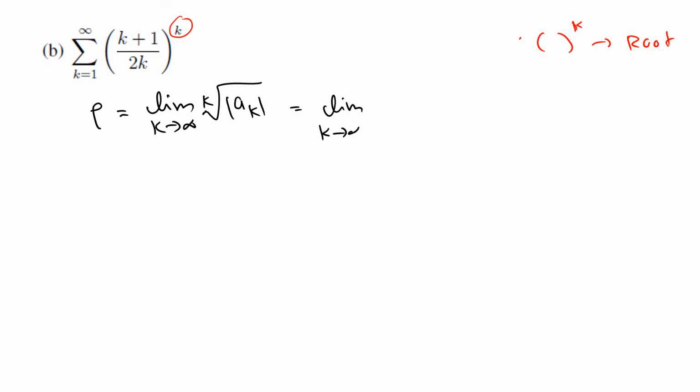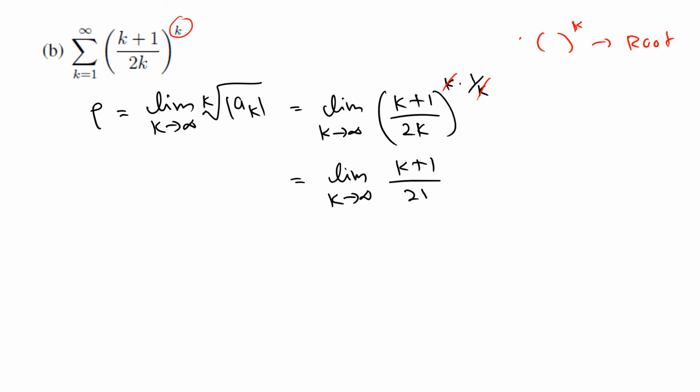We can do that as a limit as k goes to infinity. So it is ((k plus 1) over 2k) to the kth power, and then the kth root. You can see these two get cancelled. So you get the limit as k goes to infinity of (k plus 1) over 2k.